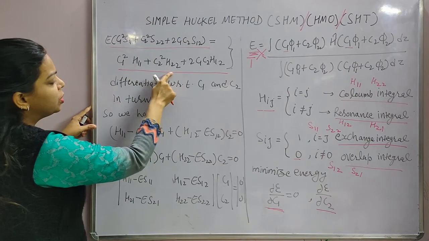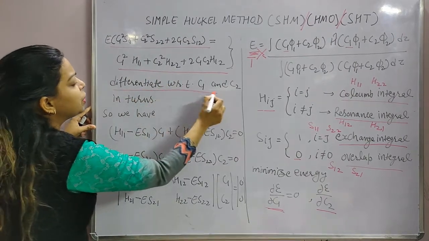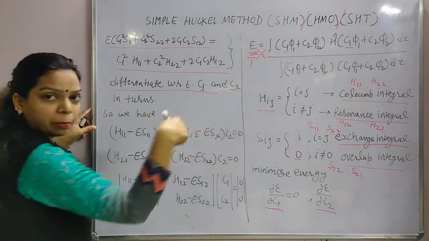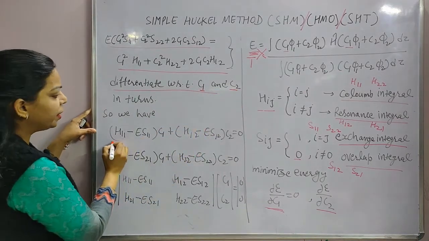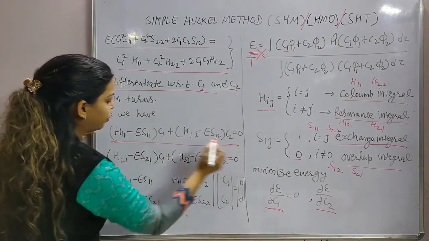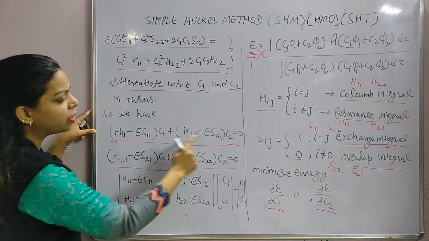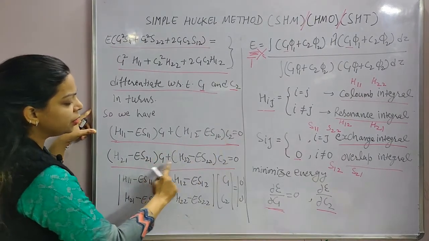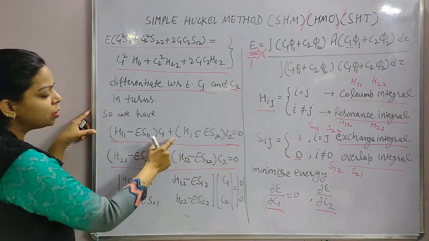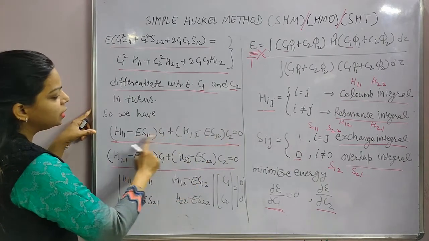Once you get this equation, the next step was to minimize this equation with respect to C1 and C2 one by one, so that you can get two separate equations. So this is the first equation I have got, and this is the second one. I have separated coefficients C1 and C2 over here and C1 and C2 over here. Now we have two unknowns, and these are the coefficients.